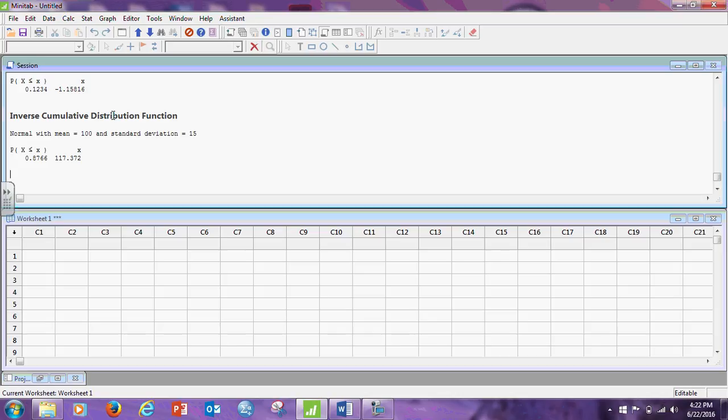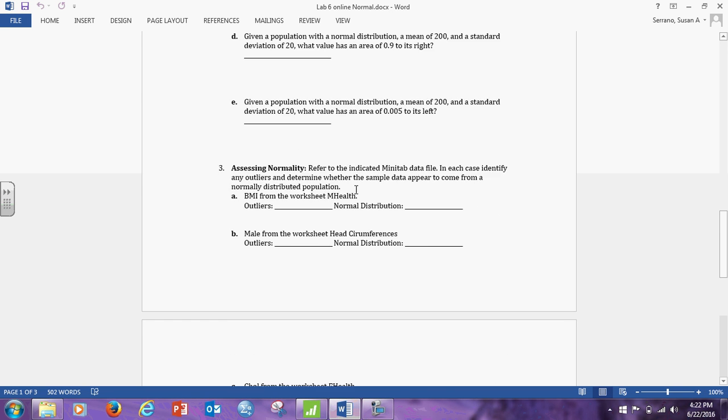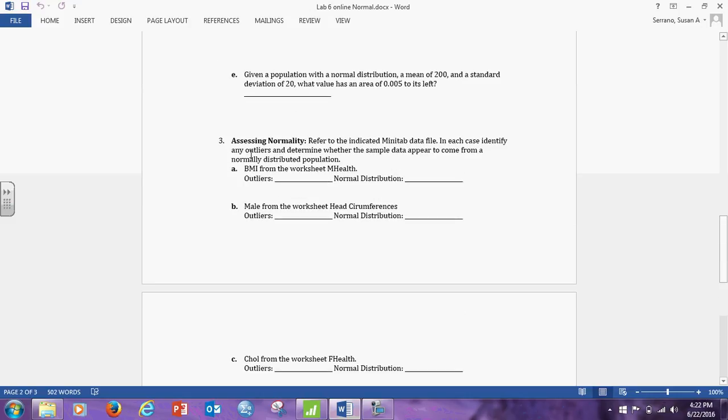Then the last thing, you should be able to do the rest of them, just making the adjustments whether you're talking about to the right or to the left. The last thing to look at in this Minitab lab is assessing normality. So to assess, let's do number 3A. And to do that, we need to open up the BMI worksheet from mHealth.